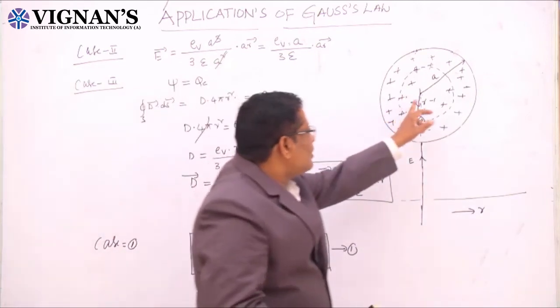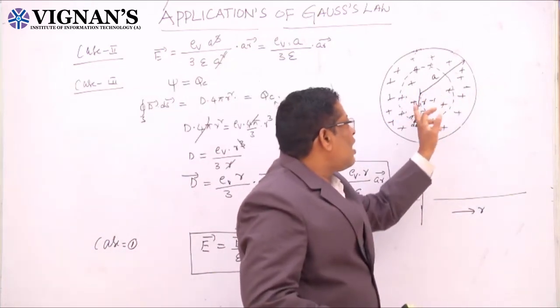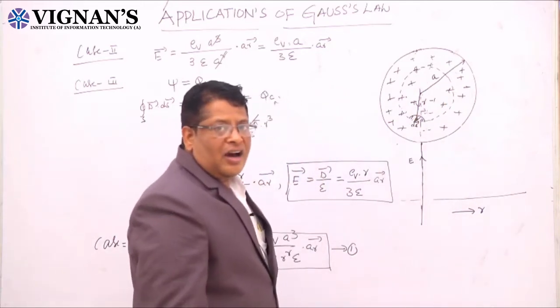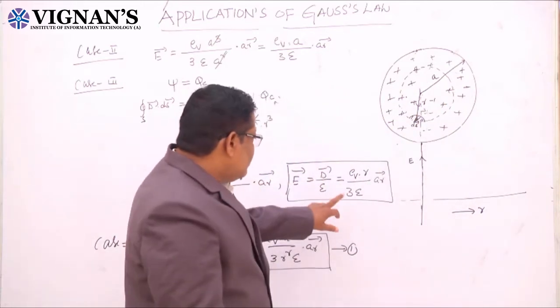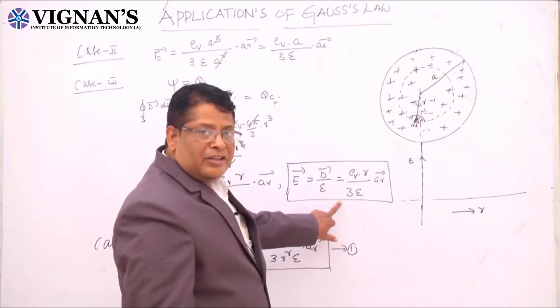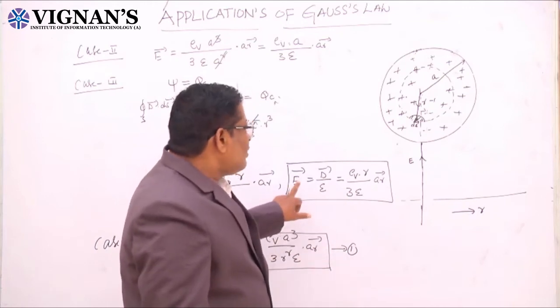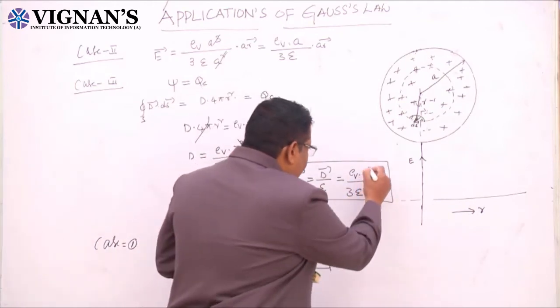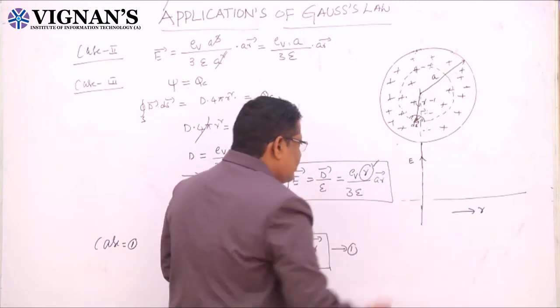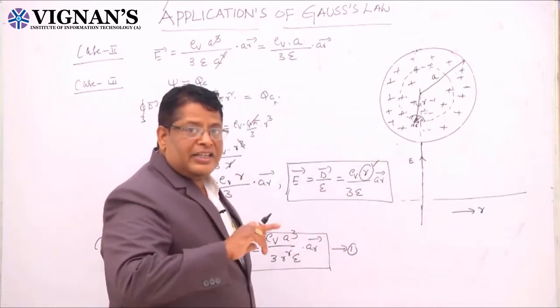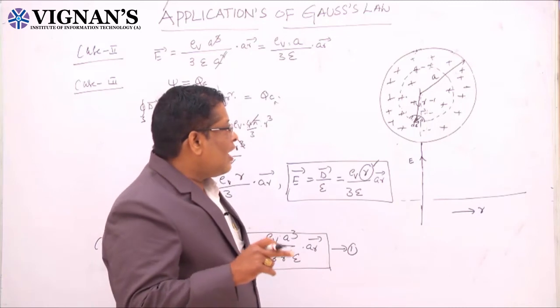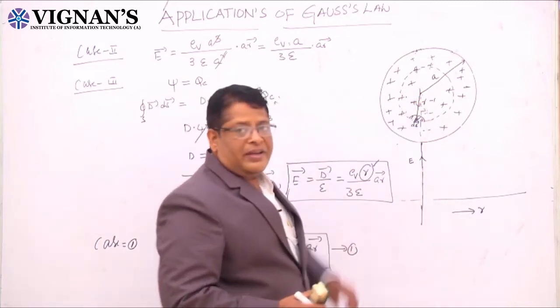If the point is inside of a sphere, that is r less than a, this is the expression. The electric field intensity is directly proportional to the radius, directly proportional to the distance between the point P and the center of the sphere.